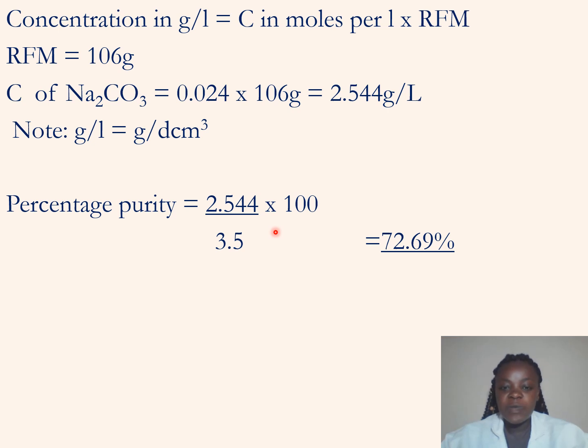Then to convert it to percentage, you have to multiply by 100. So the percentage purity of the solution we were using was 72.69%. Okay, that is how we calculate the percentage purity from concentration.